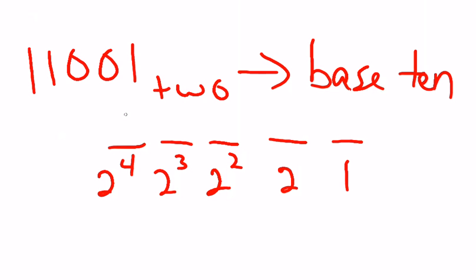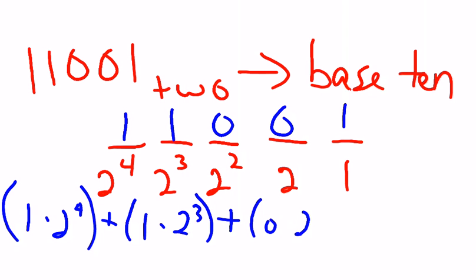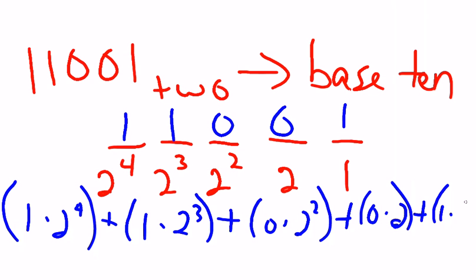We put those numbers in their respective places, and then we multiply that number times its place value. So 1 times 2 to the 4th, and we want to add that to 1 times 2 cubed, plus 0 times 2 squared, plus 0 times 2 to the 1st power, plus 1 times 1.